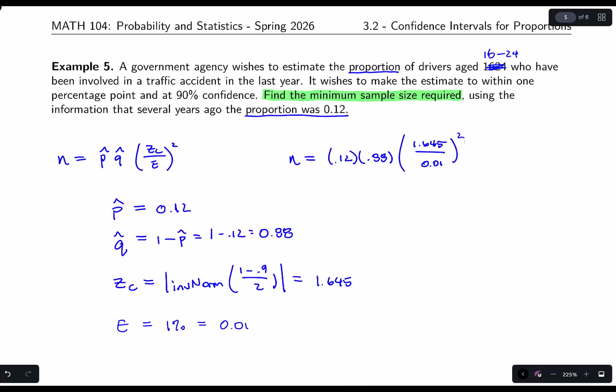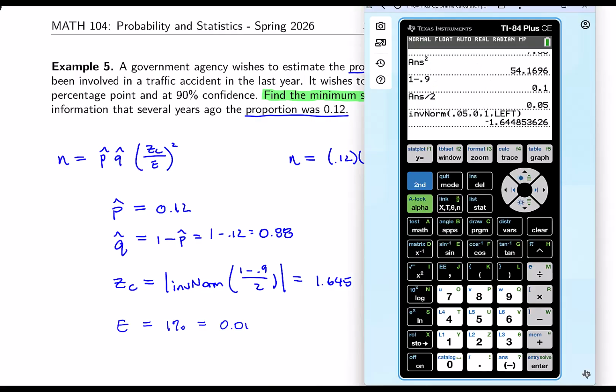So we just plug this directly into the calculator of our choice. 0.12 times 0.88. I'm going to do this part in parentheses just to make sure everything's fine. 1.645 divided by 0.01, quantity squared.